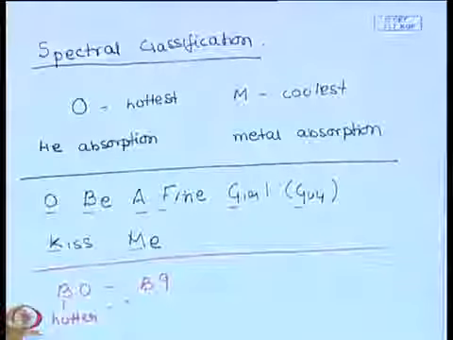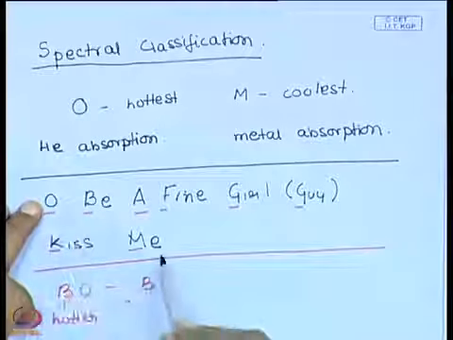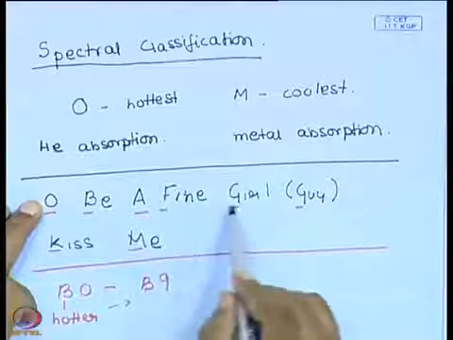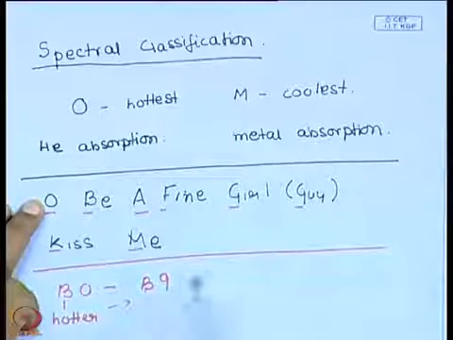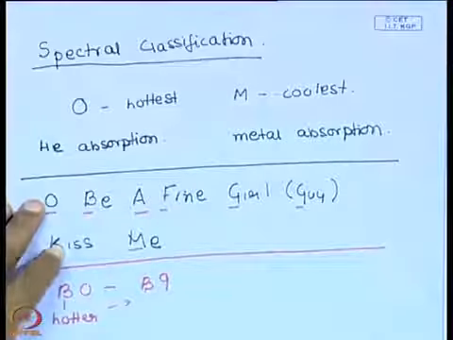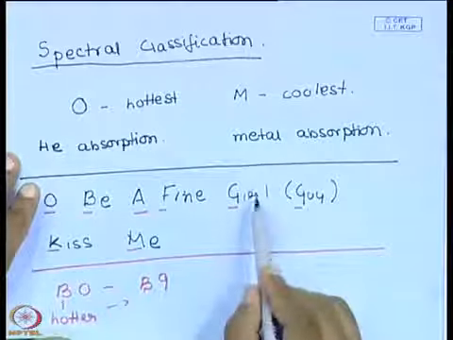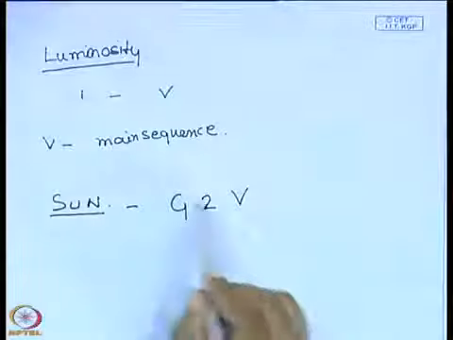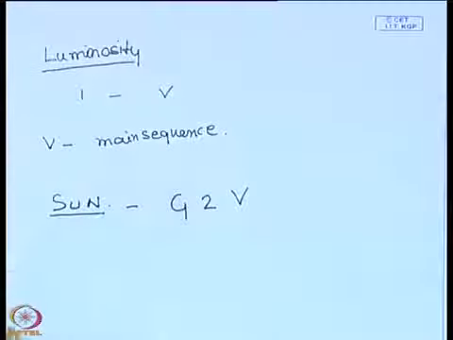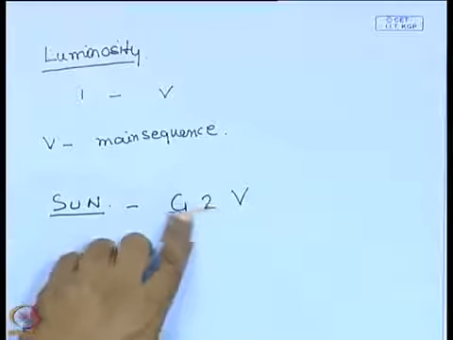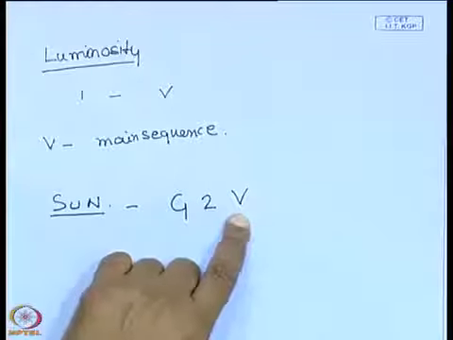The sun is a typical star, very ordinary kind of star, and it is not a very hot star, neither is it a very cold star. It lies somewhere in the middle of the spectral classification scheme. It is a G star. There is a subclassification 2, which is somewhat towards the hotter side amongst the G stars, and it is a main sequence star burning hydrogen, which is indicated by 5. So, you could have a G star which is not on the main sequence also.